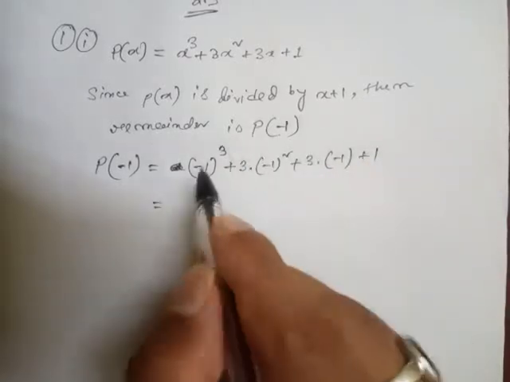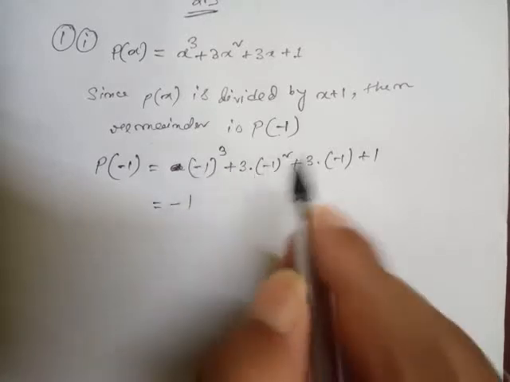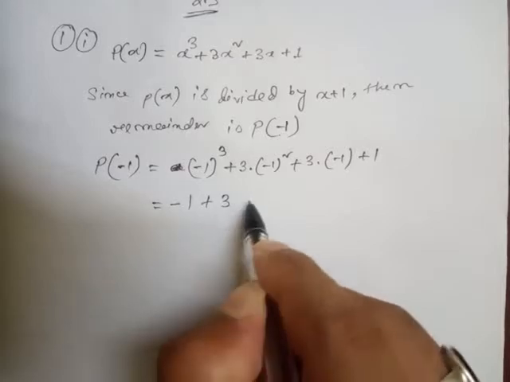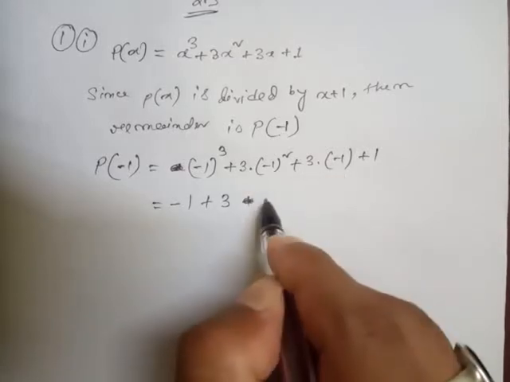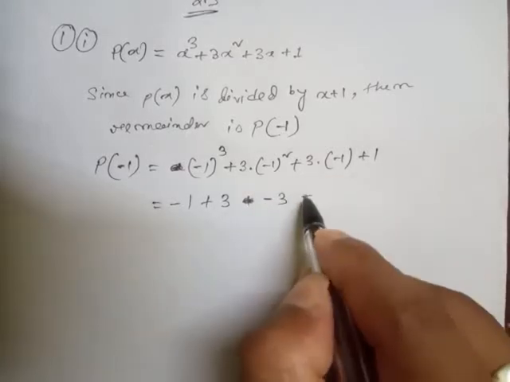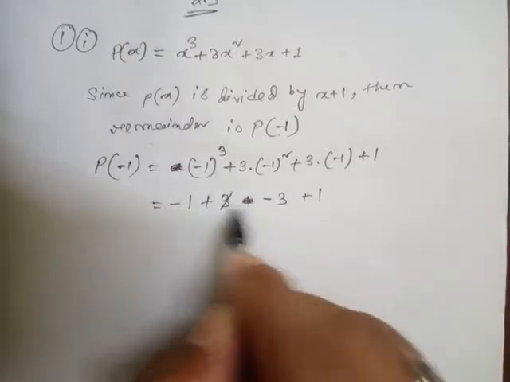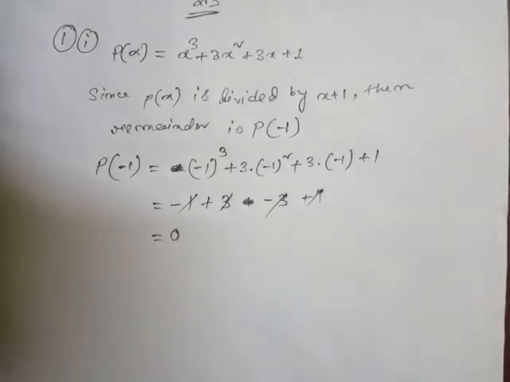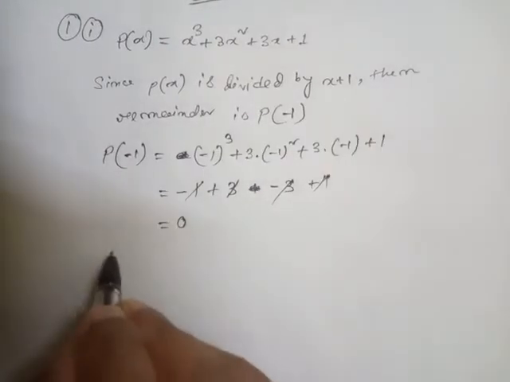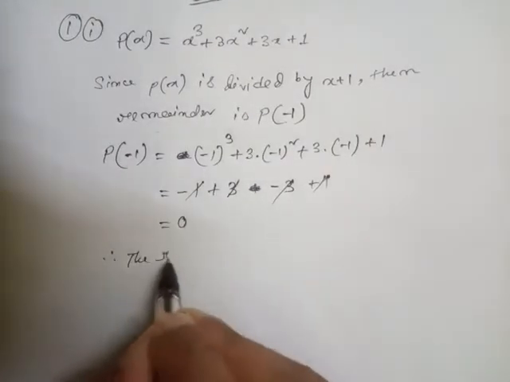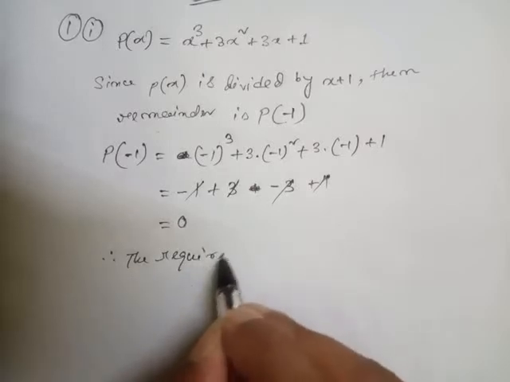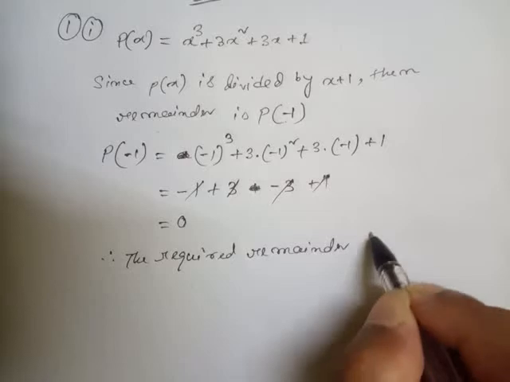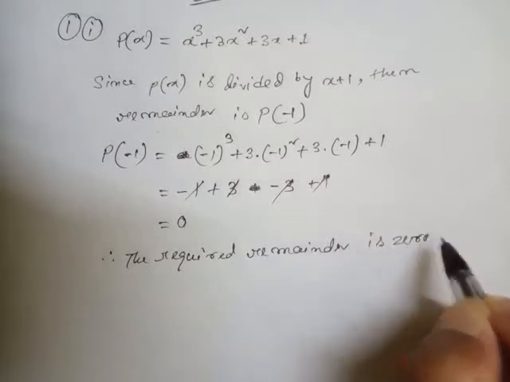Now look here, minus 1 cube is minus 1, minus 1 square is plus 1, plus 1 into 3 means 3, and there is 3 into minus 1 is minus 3, then plus 1 again. So look here, plus and minus cancel, plus and minus cancel, so the answer is 0. In the last line I write that therefore the required remainder is 0.